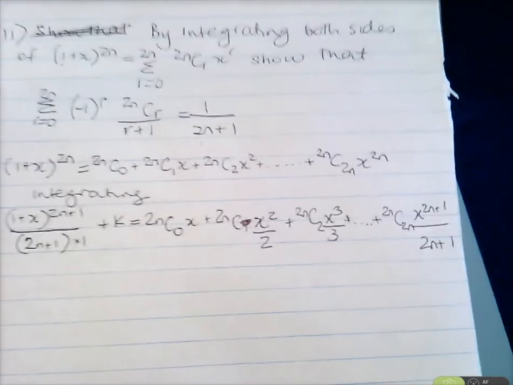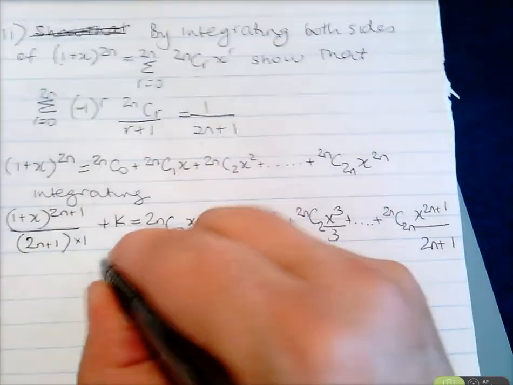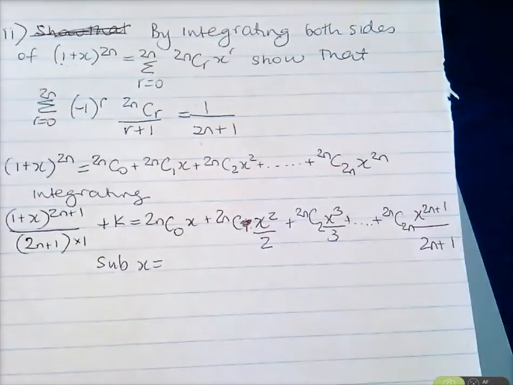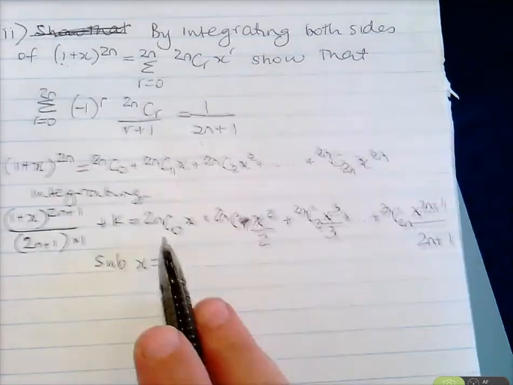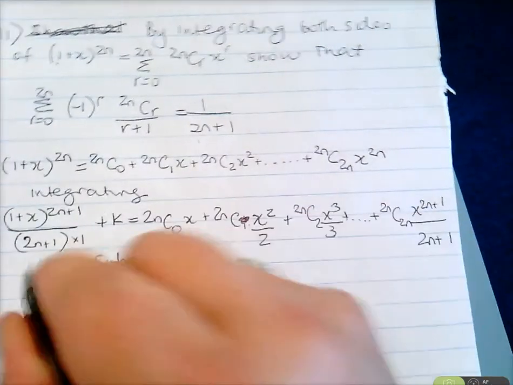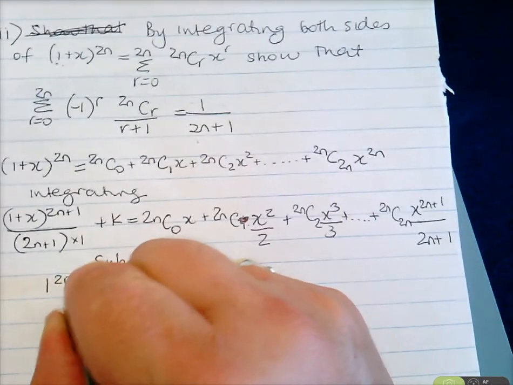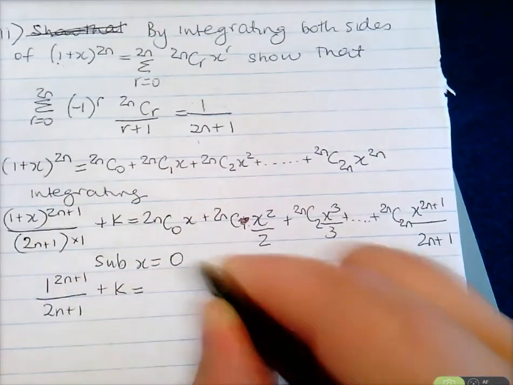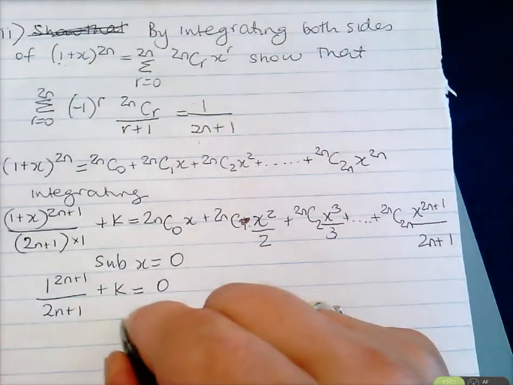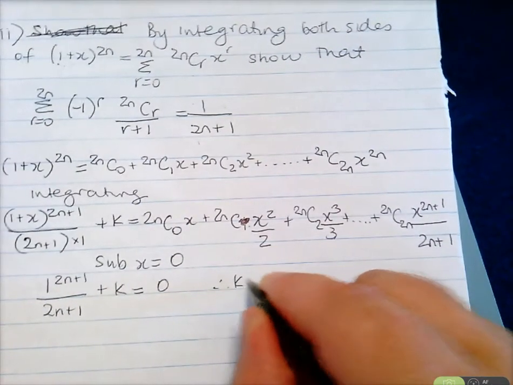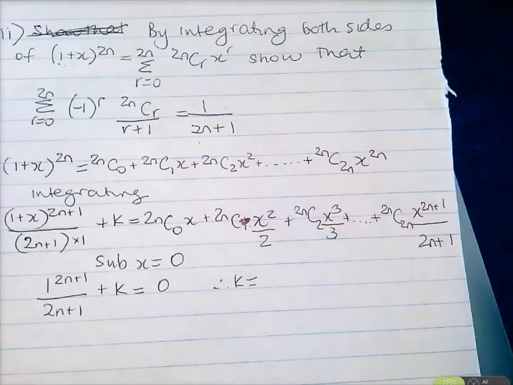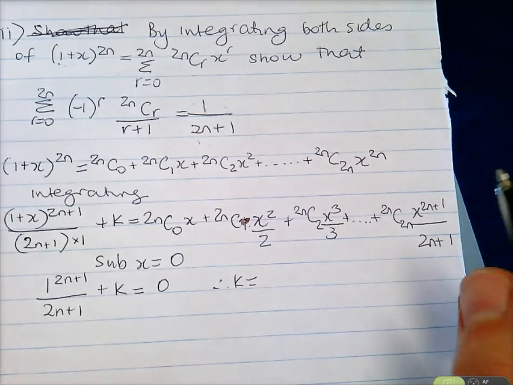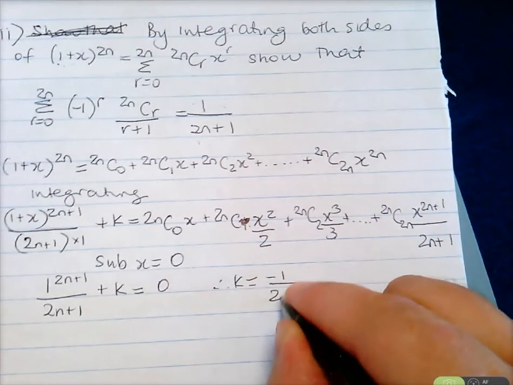We have to work out the constant of integration, so we're going to substitute x is 0 to wipe out the right-hand side, and we get 1 to the 2n plus 1 over 2n plus 1, plus k equals 0. So therefore k is negative 1 to the 2n plus 1, which is just negative 1 over 2n plus 1.